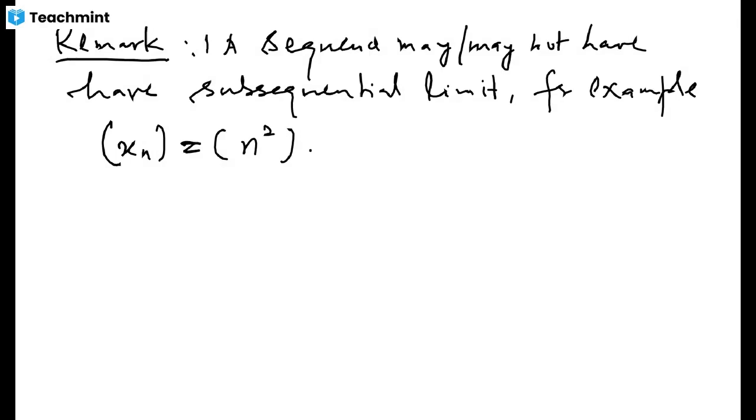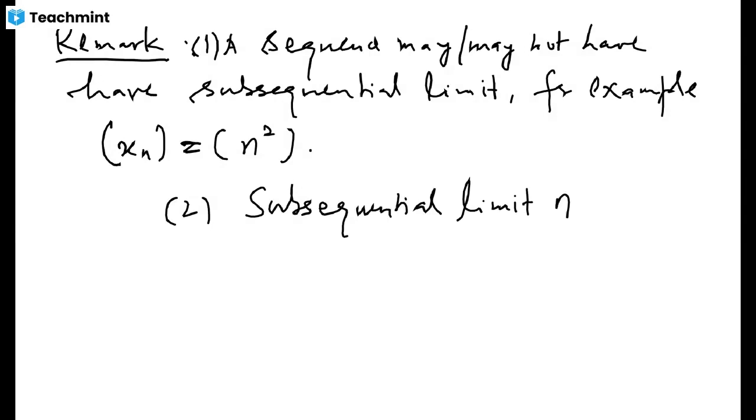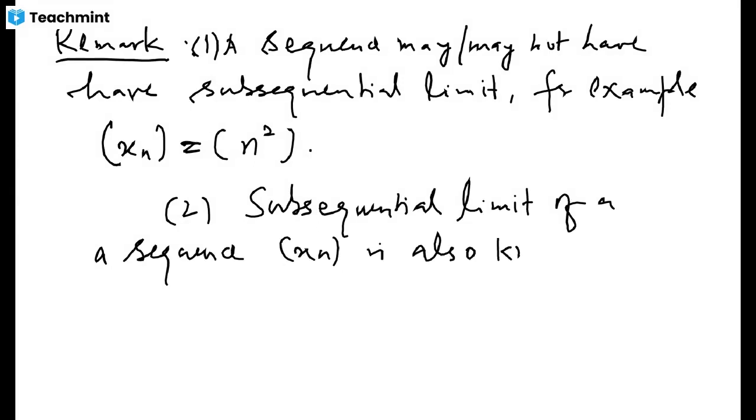Another name that is given to a subsequential limit, you have to keep this in mind: a subsequential limit of a sequence xn is also known as a limit point of the given sequence xn.